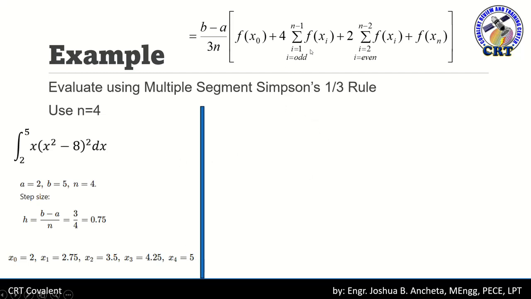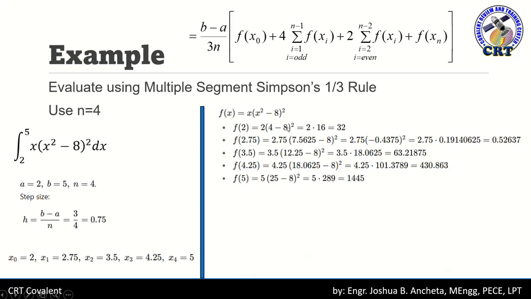Therefore, the functions that will be multiplied by 4 are the function of x1 and x3. And the function that will be multiplied by 2 in the formula, that is i even, is the function of x sub 2. To illustrate that, we have this substitution.